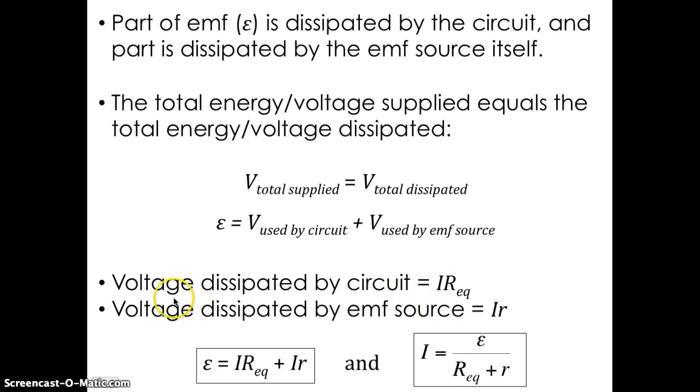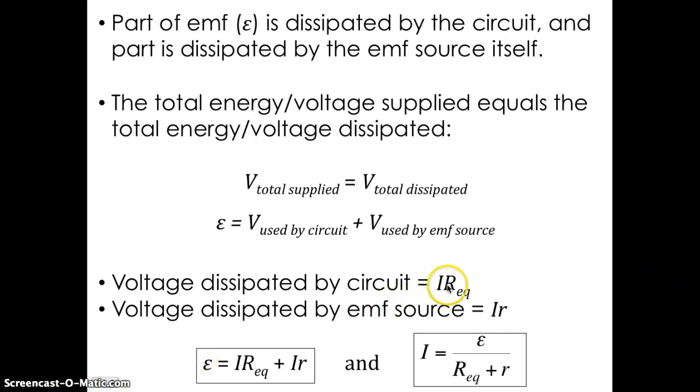So the voltage dissipated by the circuit is equal to I times the equivalent resistance, right? That's how much voltage is dissipated by everything that the EMF source is connected to. The voltage dissipated by the EMF source is I times little r, where little r stands for the internal resistance.